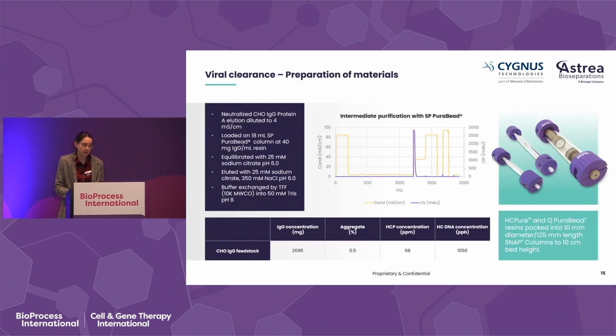So this project was kind of a first look-see for us to see how this technology worked, if we could take this in-house and use it to help our customers. And the way we wanted to do that was provide Cygnus with our adsorbents in our SNAP columns, and also the feedstock.